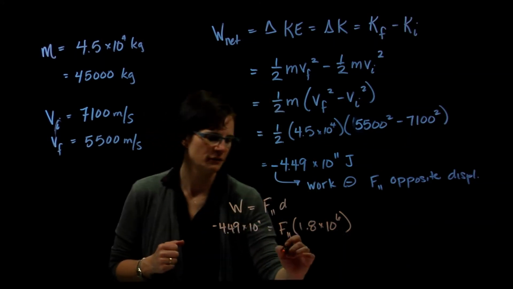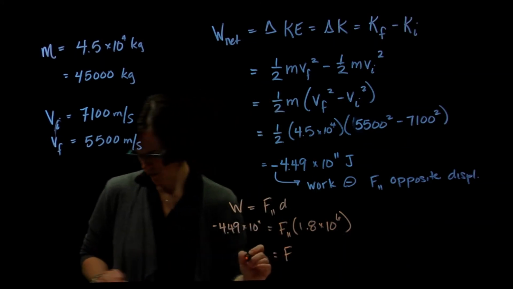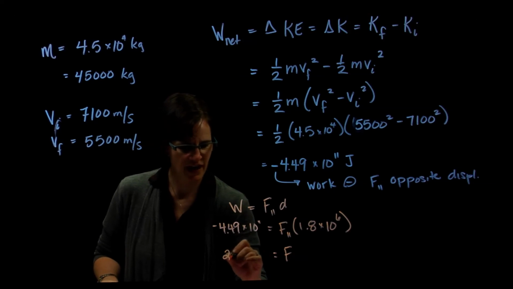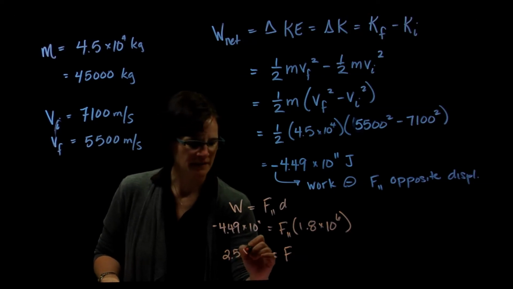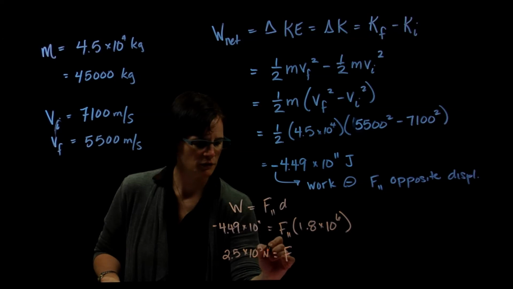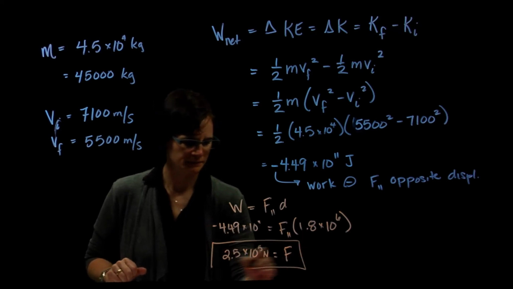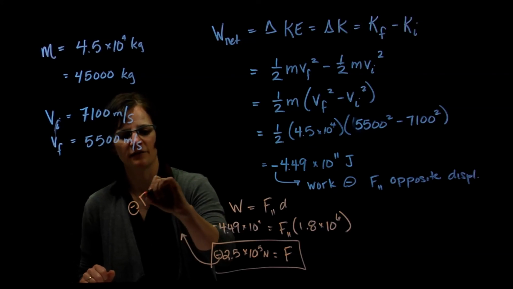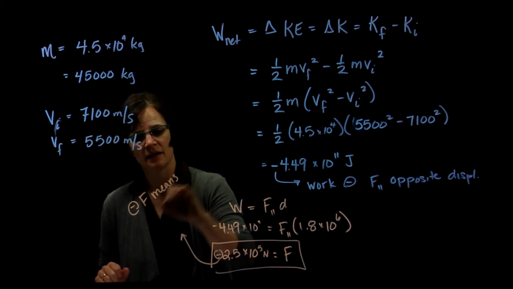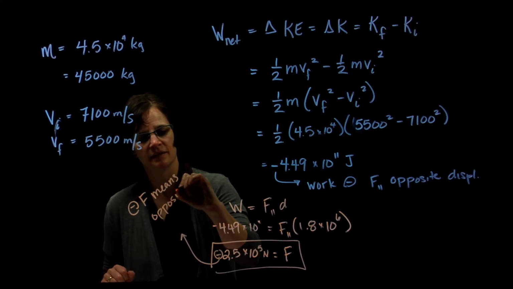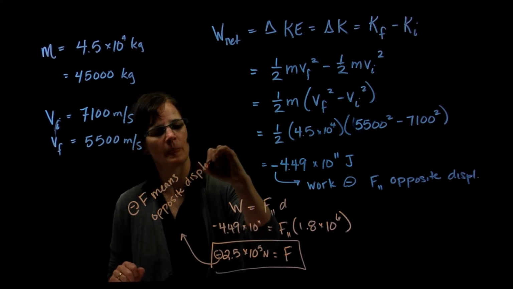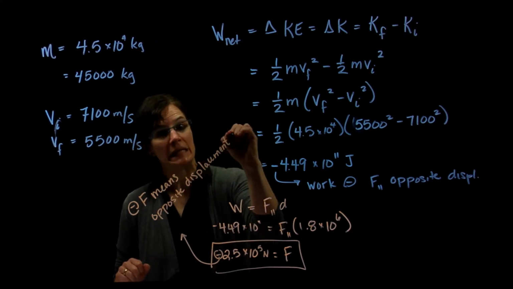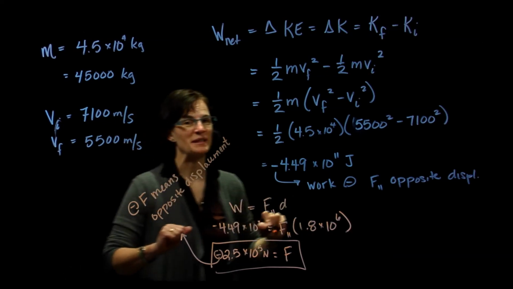And so solving for our force, we get 2.5 times 10 to the 5th newtons. It is negative, and we want to keep in mind that that negative force means opposite the displacement. It does not mean negative direction like we've been using it before.